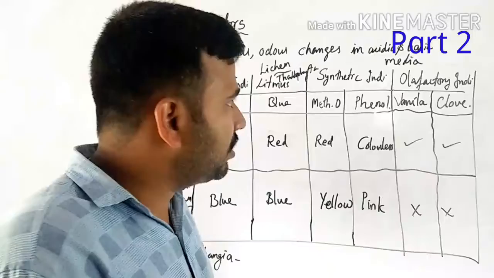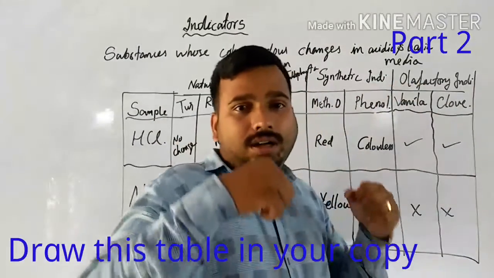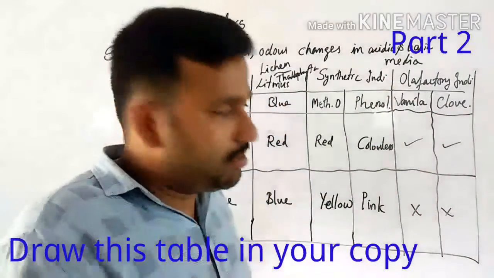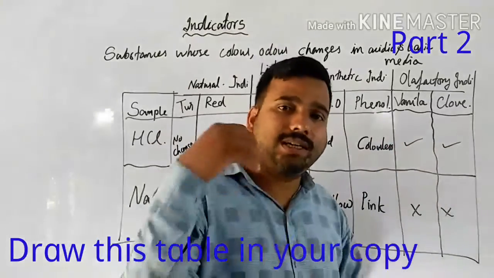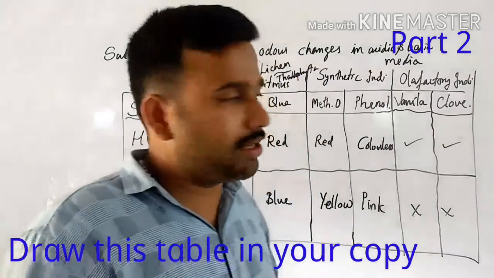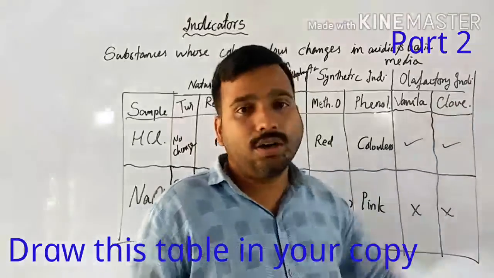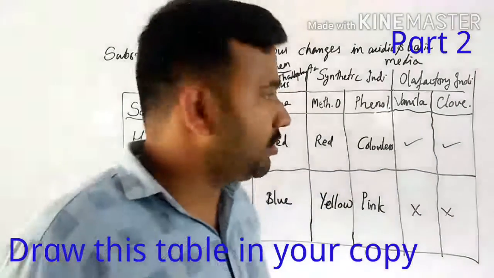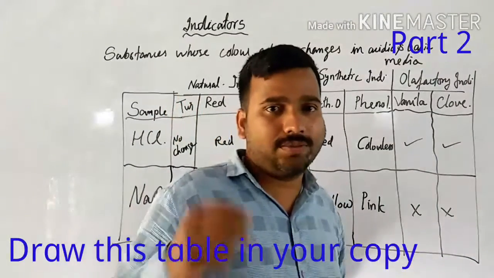Olfactory indicators are substances whose smell changes when they come in contact with any acidic or basic substance. One more example is the extract of onion, which you can test at home.